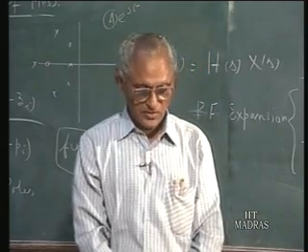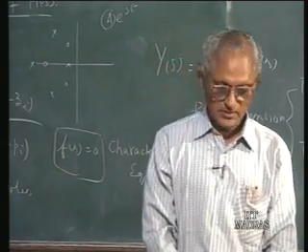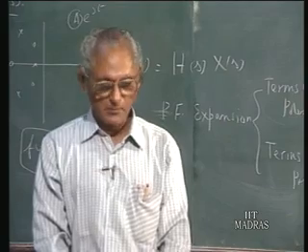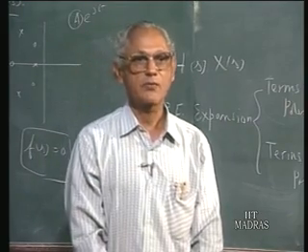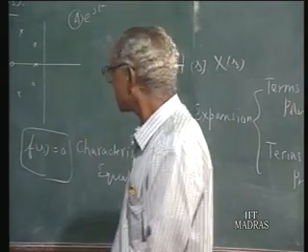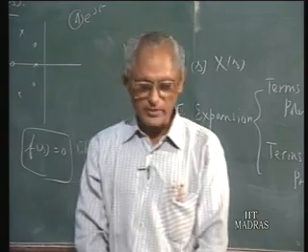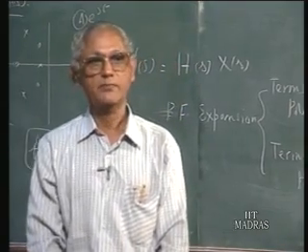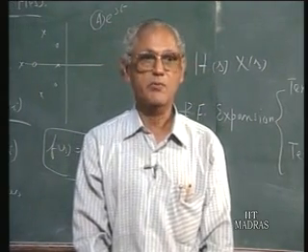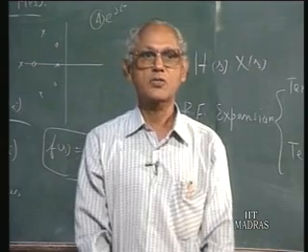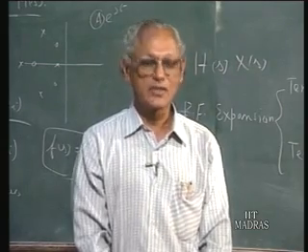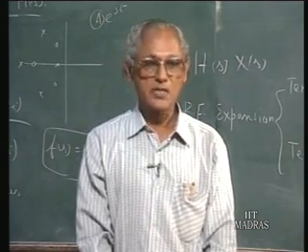And the system function in general is a ratio of two polynomials, for the type of system that we are talking about, lumped parameter systems, which is g of s over f of s. We looked at various properties of the system function. The system function is the Laplace transform of the impulse response. We also saw the system function is related to the Laplace transform of the step response.